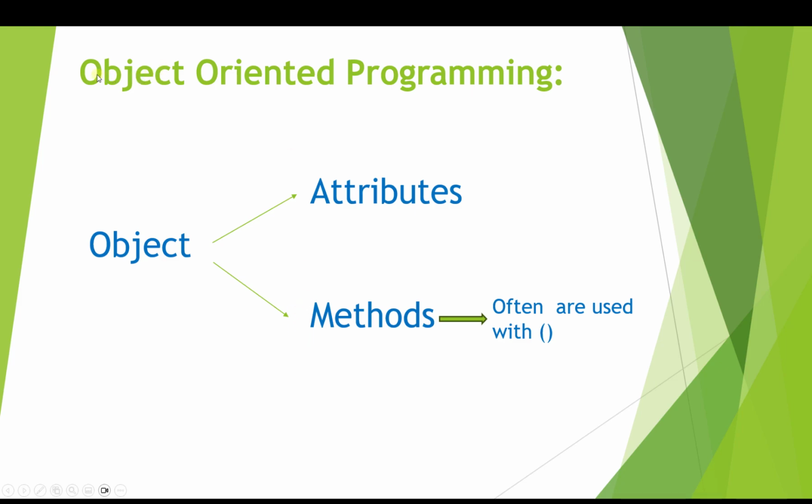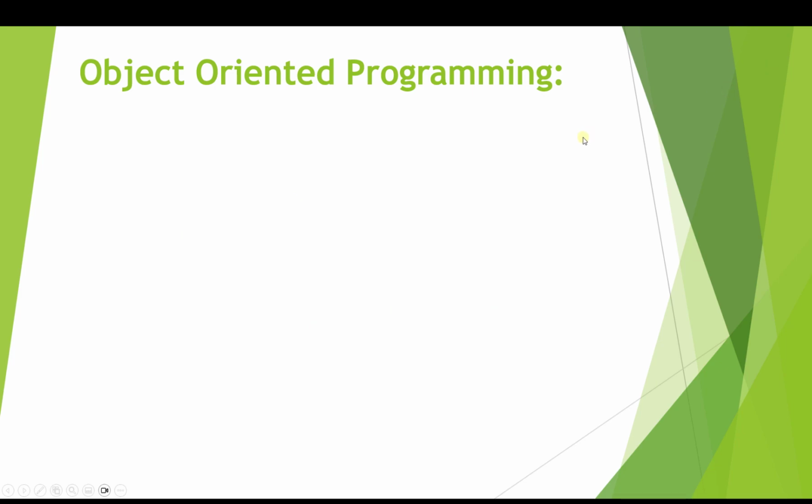You know, we have object-oriented programming, and in contrast we have functional programming. In object-oriented programming, we call functions methods. So methods are very similar to functions. I leave you the link for functions in Python here. If you don't know how to define a function in Python, you can check it here.